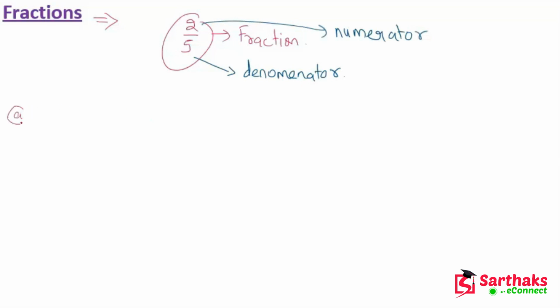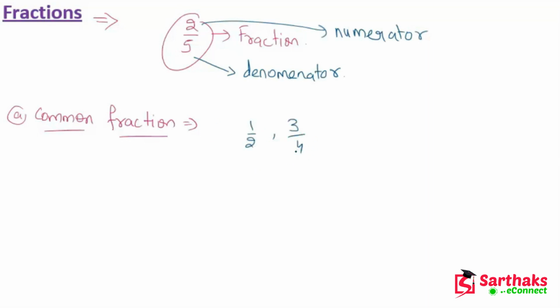The first type is common fraction. What is a common fraction? Common fractions are those fractions which are in the form of numerator upon denominator, but the numerator and denominator should be integers, like 1 upon 2, 3 upon 4.